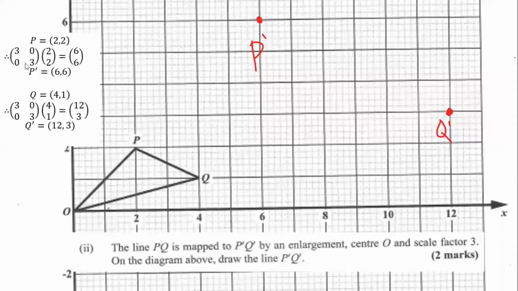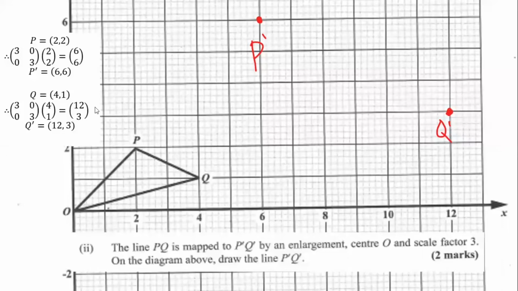So it will be the same as if you had just multiplied the points by 3, as in 3 by 2 to give you 6, and 3 by 2 to give you 6, and 3 by 4 to give you 12, and 3 by 1 to give you 3. But this is just showing you proper mathematical procedures.